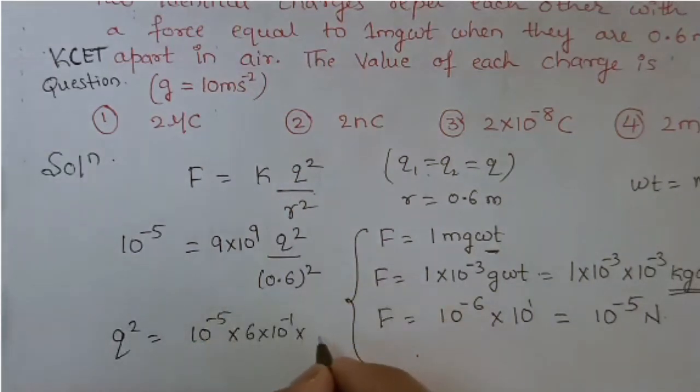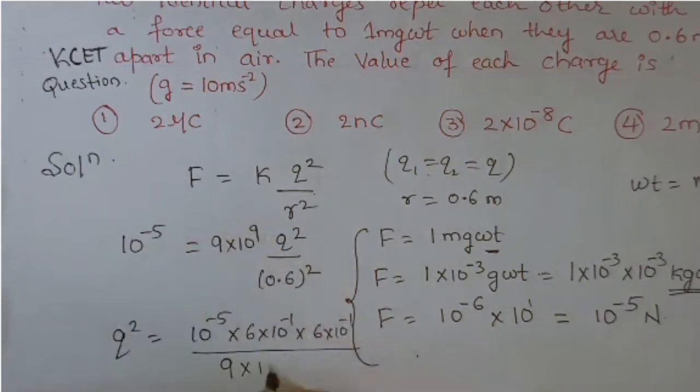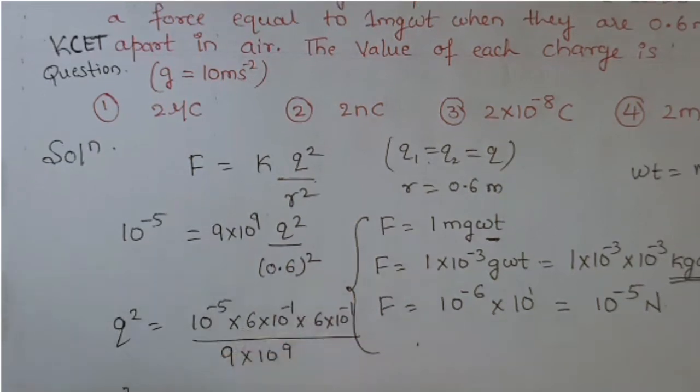Yeah, definitely. Twice I'll write, I don't square it, divided by this quantity. So Q square is equal to 6 sixes are 36, 36 into 10 raised to minus 5 minus 1 minus 2. So minus 5 minus 2, how much?